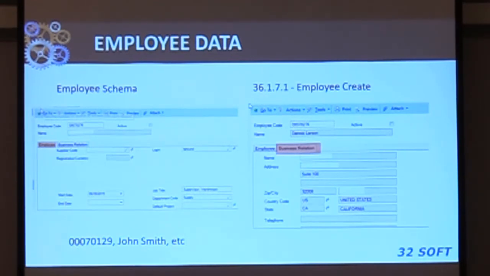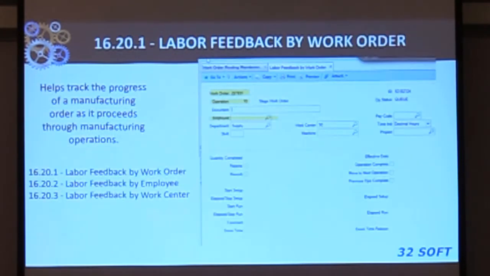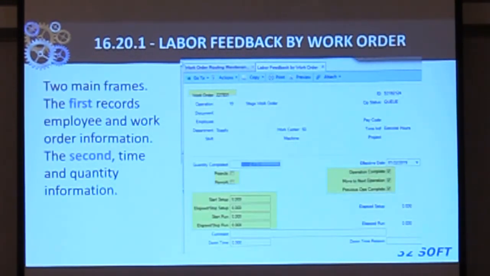It makes it very confusing. But you create your employee numbers, and then in 16.20.1, labor feedback by work order, or labor feedback by employee or work center, you can enter information in on the work order for the work order and the operation.